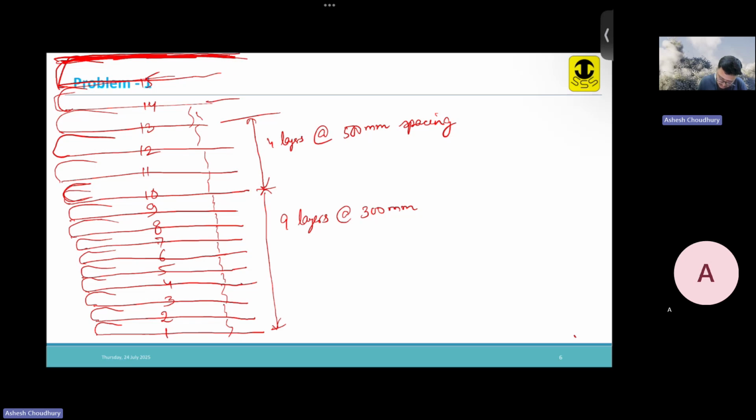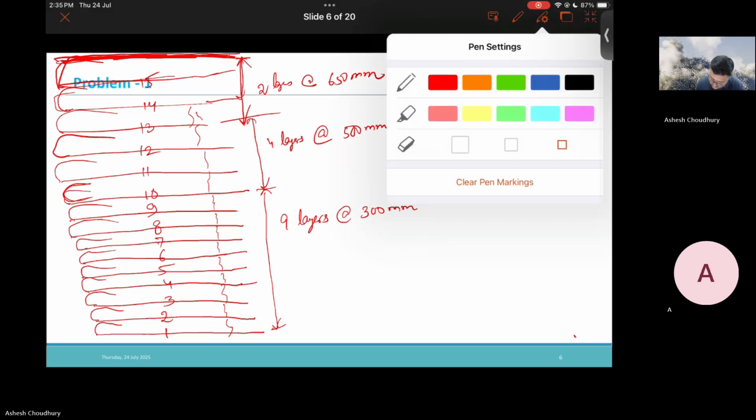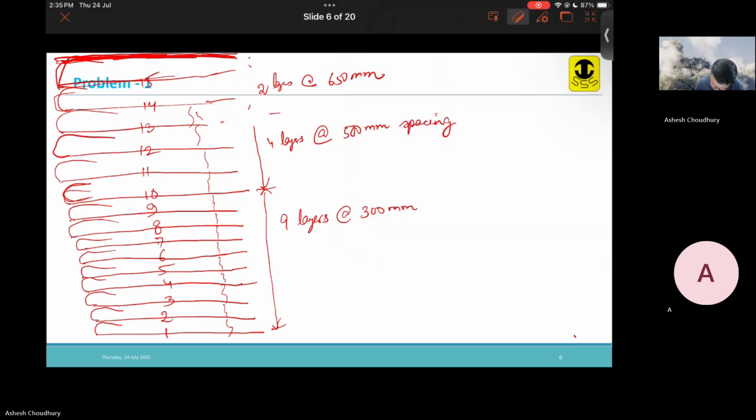So 15, it means we have 2 layers at 1, 2, 3. Oops. This is 2 layers. Okay, so total I have 15 layers, right?